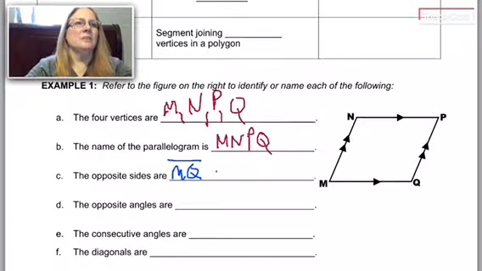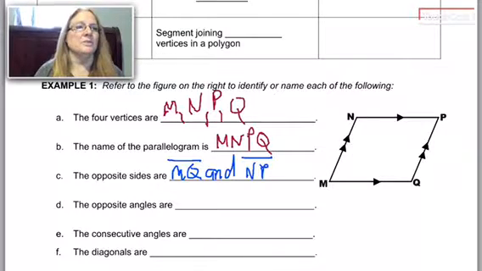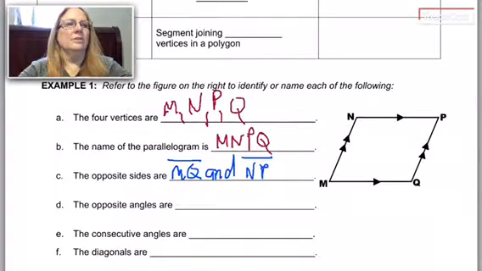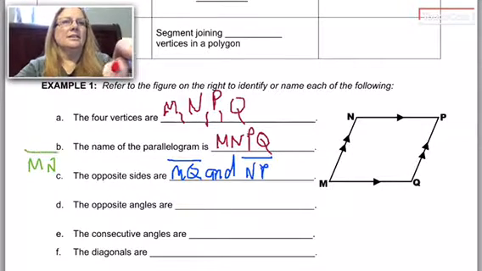And the one across from it is NP. You can put NP or PN. The order there doesn't matter. We're just naming that segment. We also have another opposite side. We have MN and PQ.